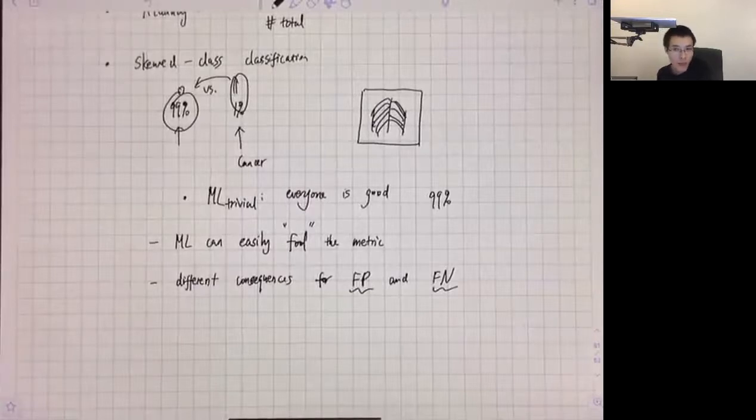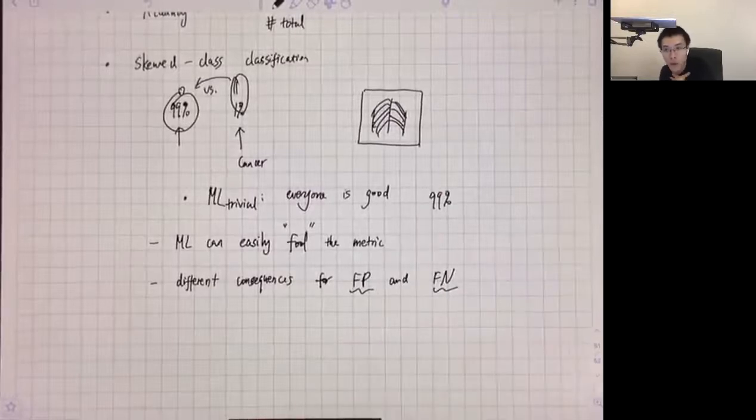False negative says I predict the patient does not have the cancer, but actually the patient has the cancer. So you see the consequences are very different. If I don't have a cancer, and I'm diagnosed with a cancer by the X-ray, it's not a problem. I may do a further investigation like fMRI, or maybe I just do some surgery and get some tissues out, and then we see it's not a cancer.